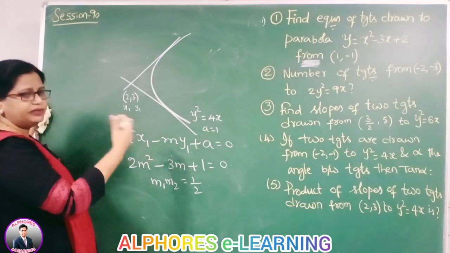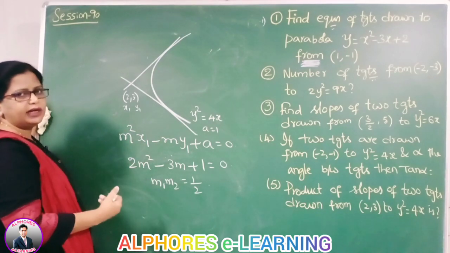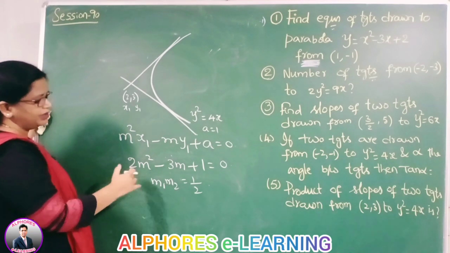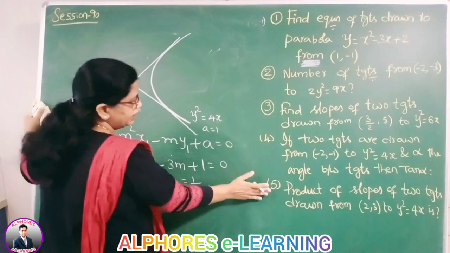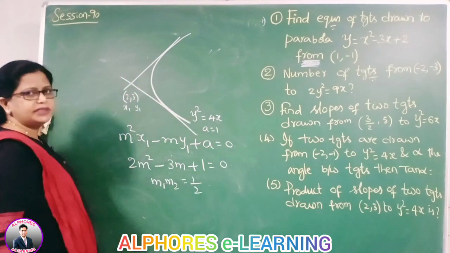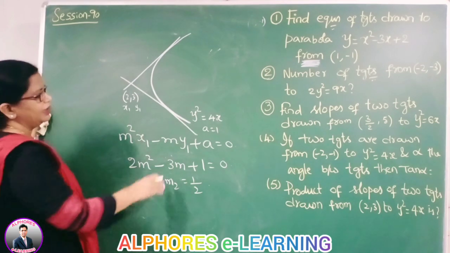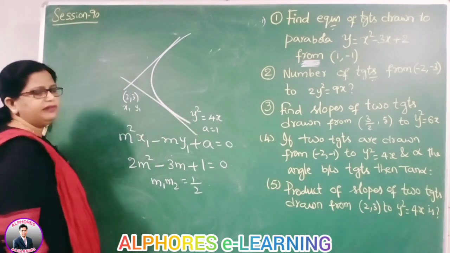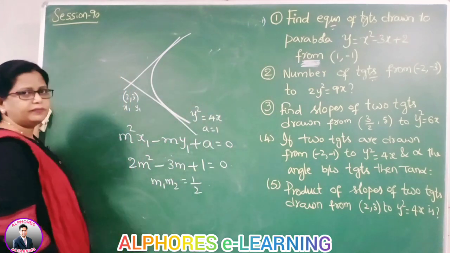After that we substitute the line in the curve, take discriminant 0, and get a quadratic. From that quadratic we can again obtain the product of slopes. If it is exactly y square is 4ax, you can make use of this formula directly. Other than this, whatever is given, just make use of this procedure.